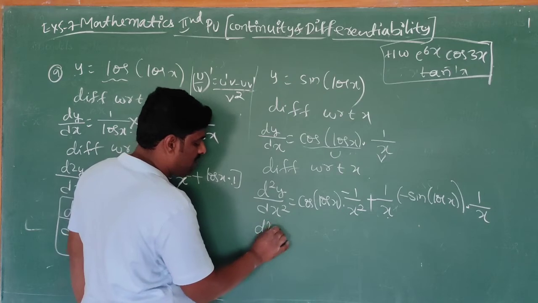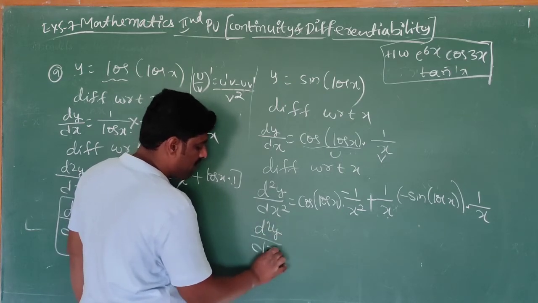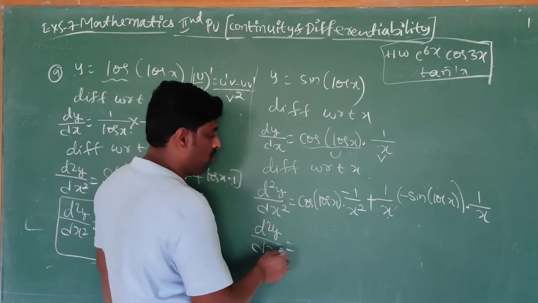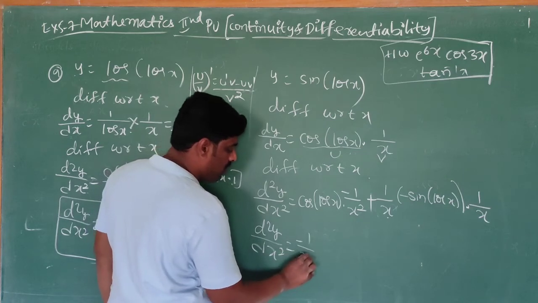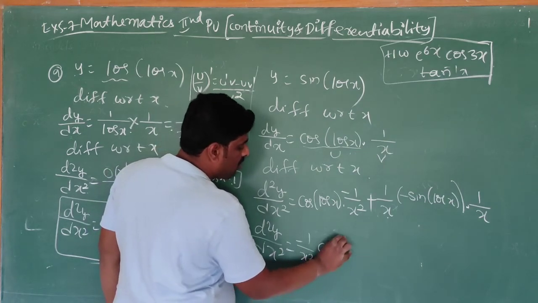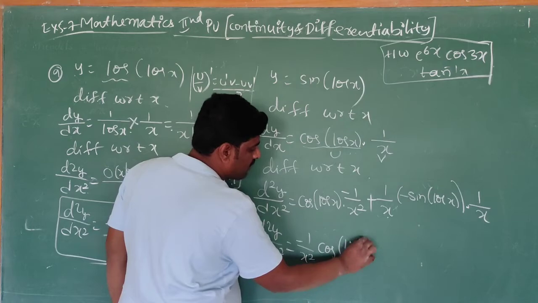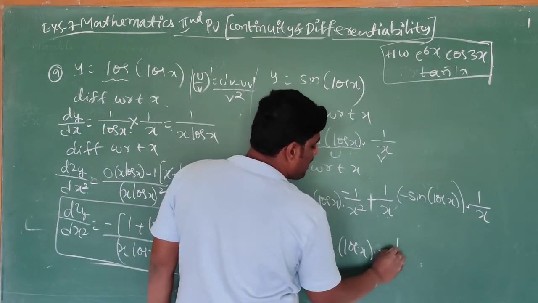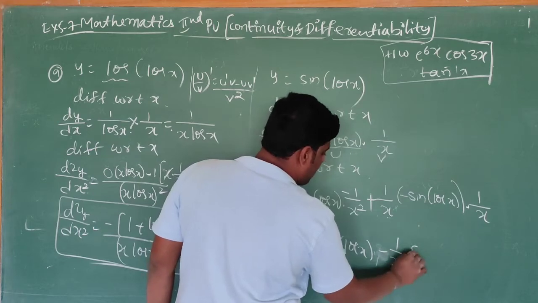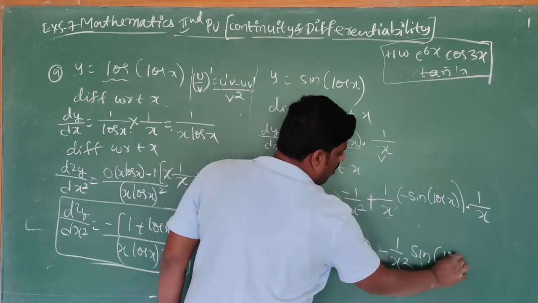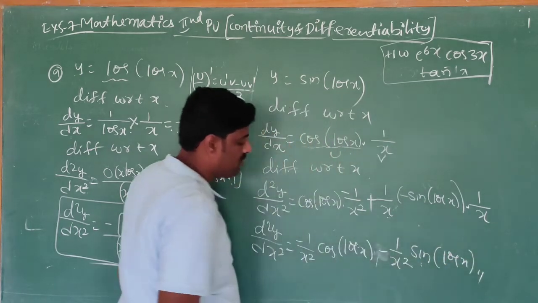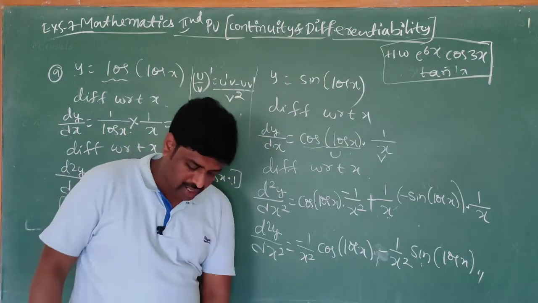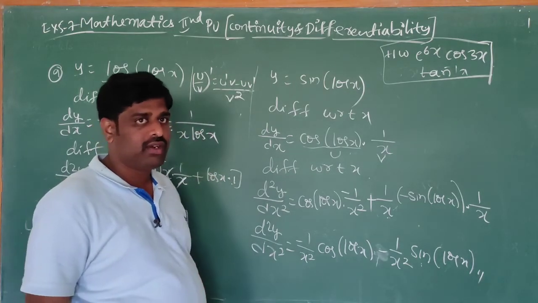So d square y by dx square is equal to minus 1 by x square cos of log x plus 1 by x into 1 by x minus 1 by x square sin of log x. So this is the second order derivative of your given function.